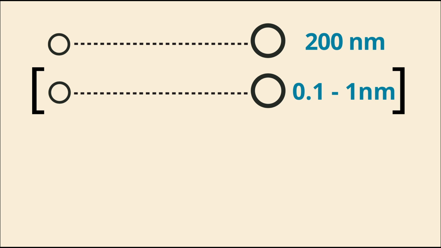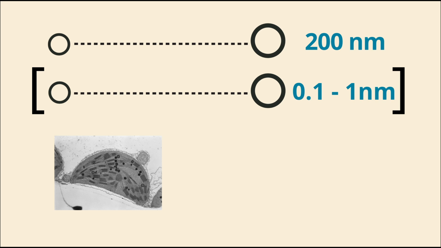Let us say you are looking at a chloroplast under an electron microscope. You will see a highly detailed image. The inner structures like the membrane and starch molecules are shown very clearly, and you can observe the fine structures very easily.